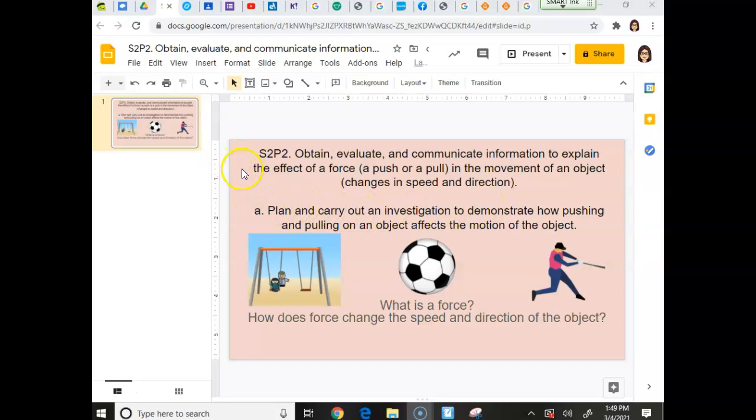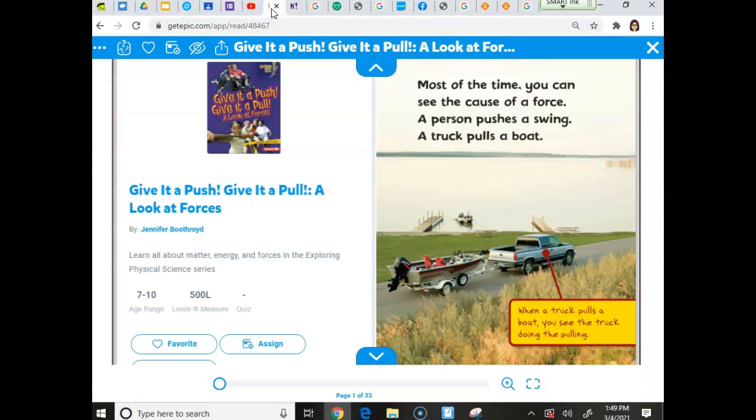All right, so today we're going to read a book. This book is found in Epic, so you can read this book yourself at any time. It's called Give It a Push, Give It a Pull, A Look at Forces. And it's by Jennifer Boothroyd.